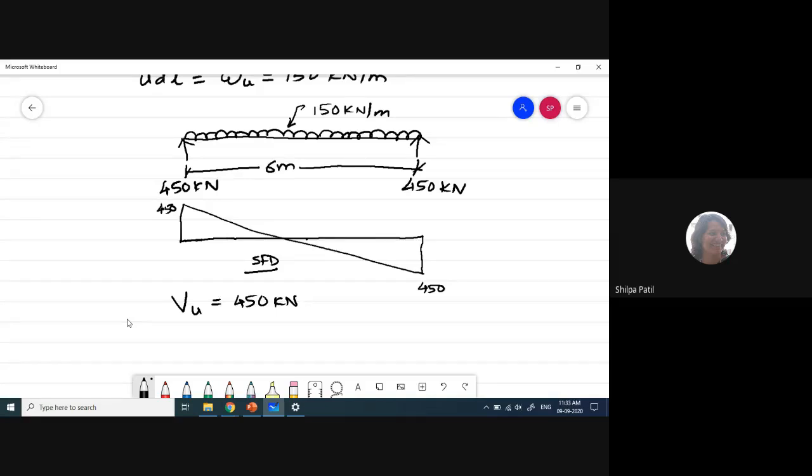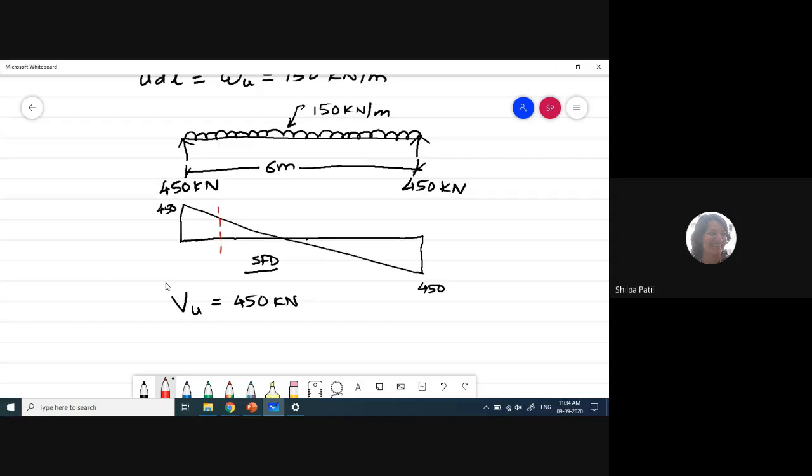The shear force is maximum near the support. As we go towards the center, the shear force goes on reducing, and again when we move to the other support, the shear force goes on increasing. So whatever is the intensity of shear force at the support, the same will not be at any particular section within the span of the beam. For example, suppose I want to consider, say, this particular section.